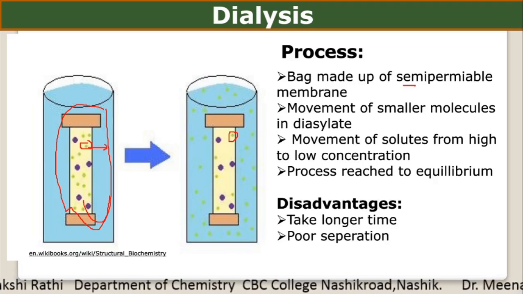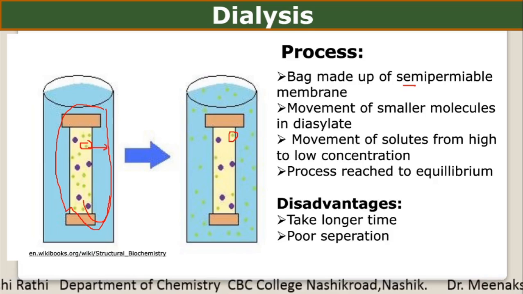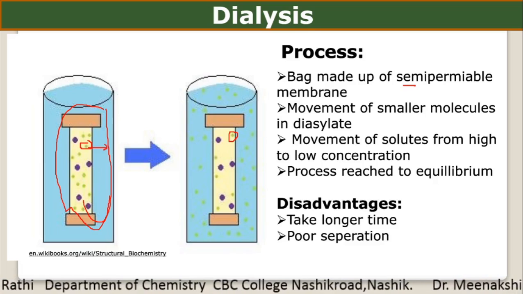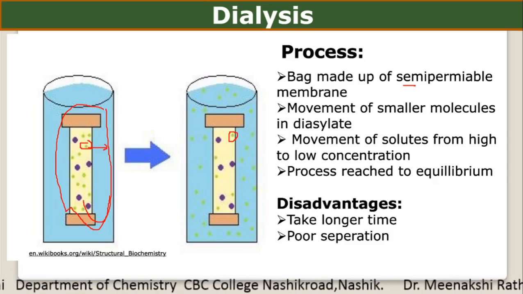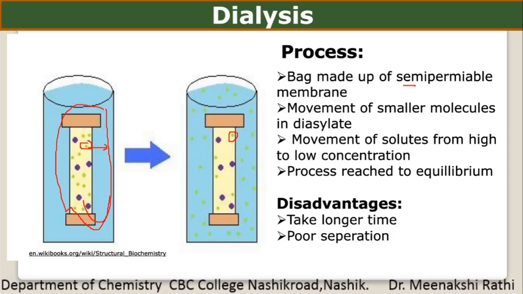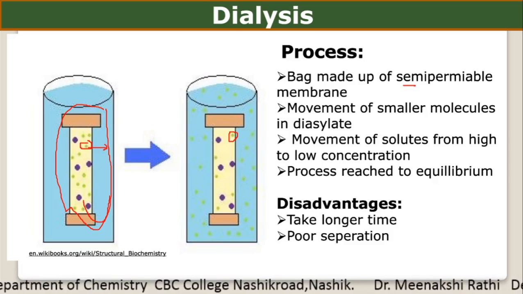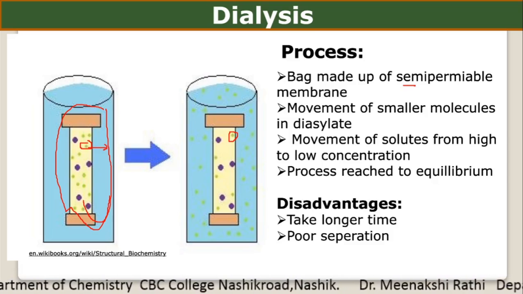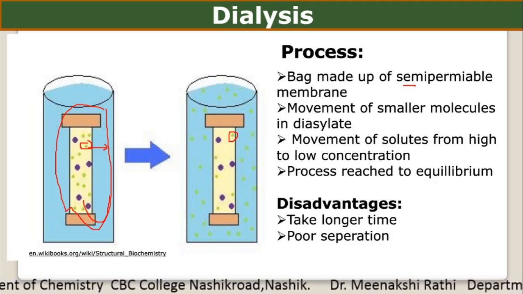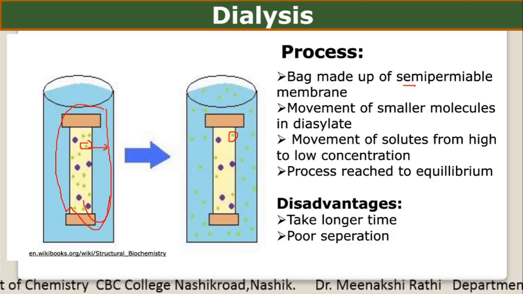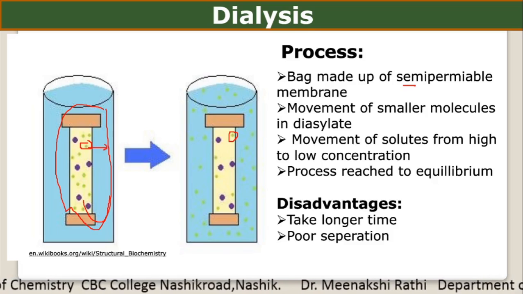And second, we cannot say that by using dialysis we get 100% pure separation or a pure protein sample. Here the separation is comparatively very poor, and that's why dialysis is not a good technique used in the laboratory.